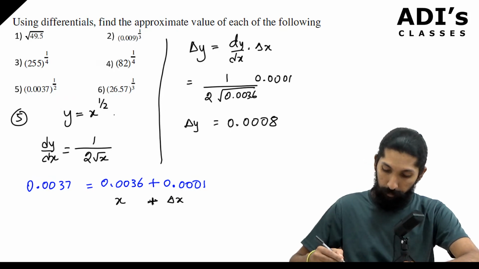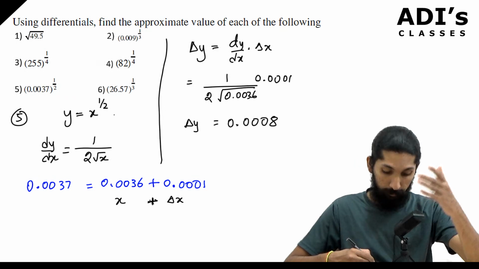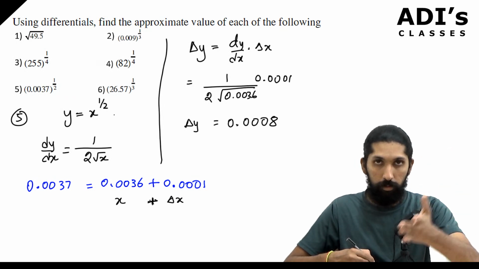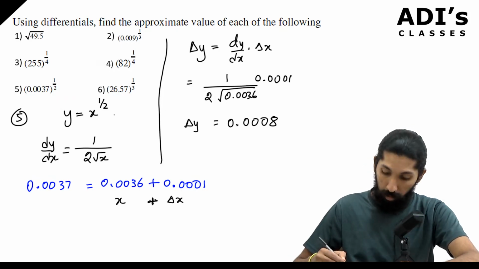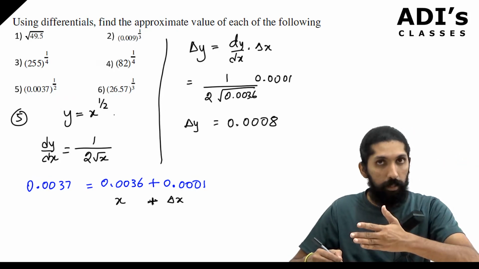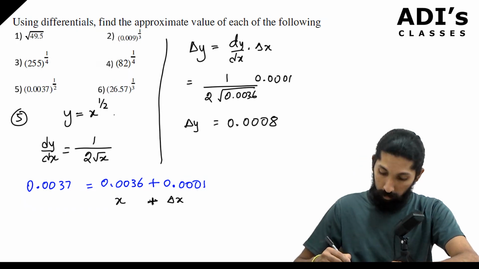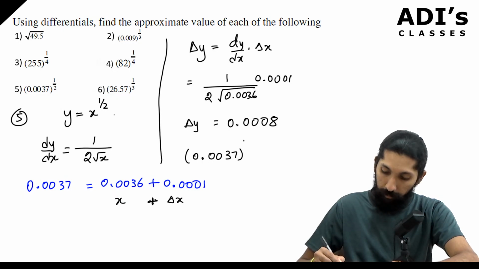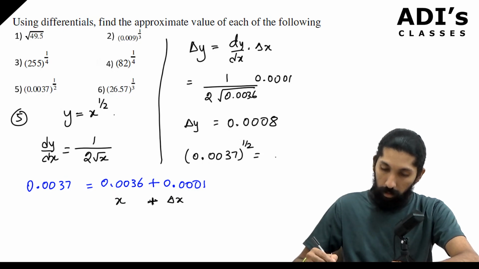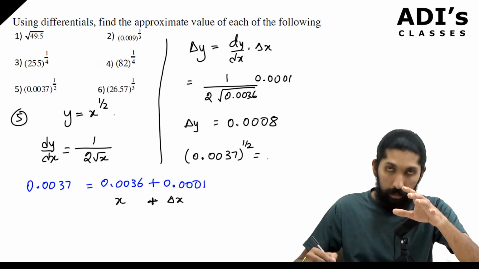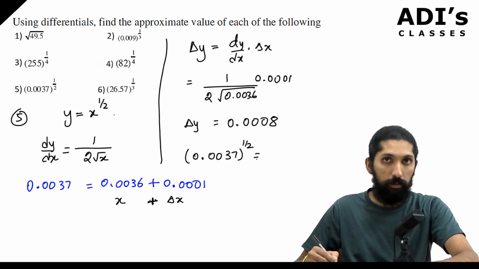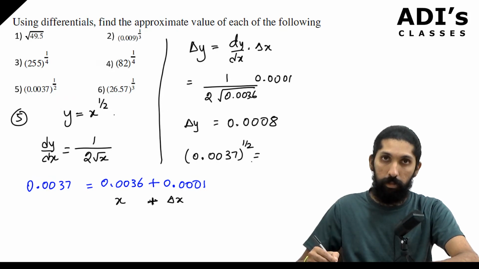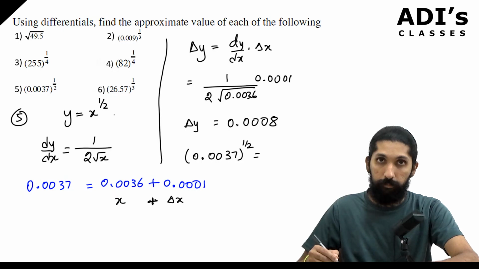Now what do you have? You have to calculate the value of that, whatever, 0.0037, correct? So you can't really do it directly. So what do you do? The value will be y plus delta y, correct? So 0.0037 power half will be, see, root of 0.0036, which is nothing but 0.6, correct?